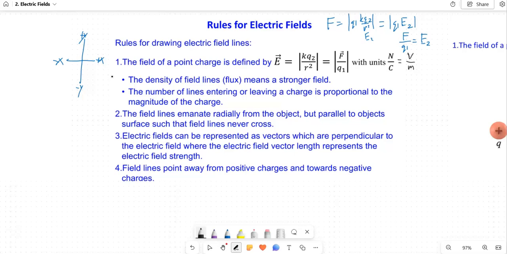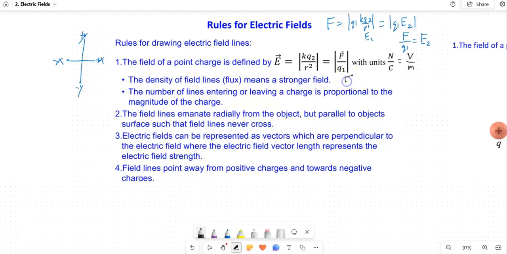Now, here's rule 1, where the density of the field lines means a stronger electric field. In other words, the larger the charge, if Q2 goes up, then the electric field is going to go up.